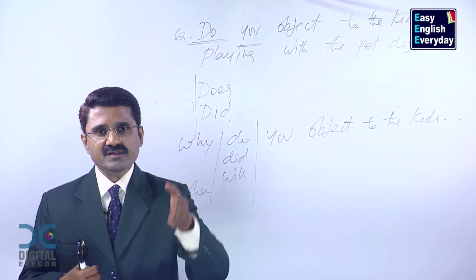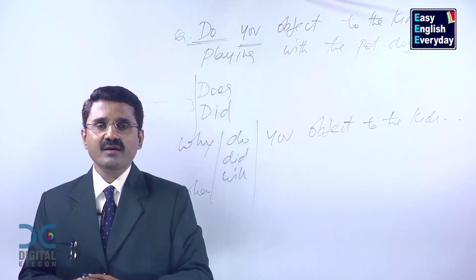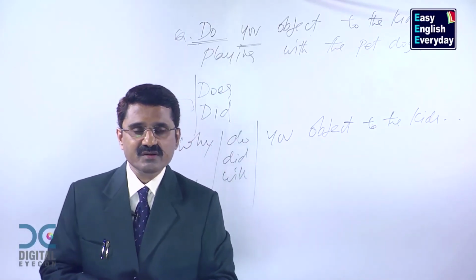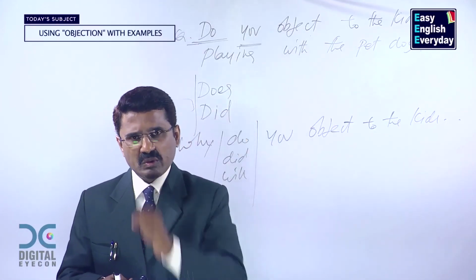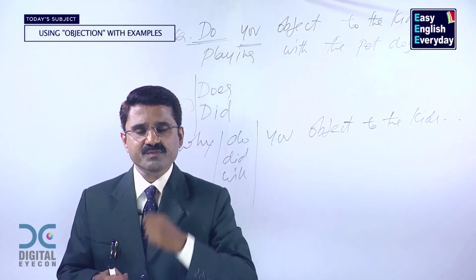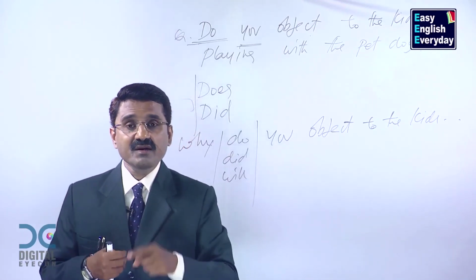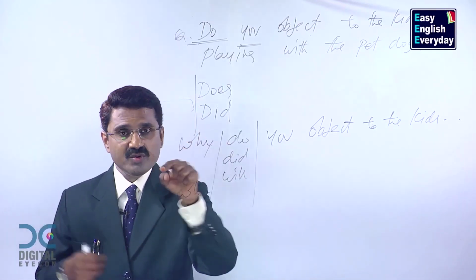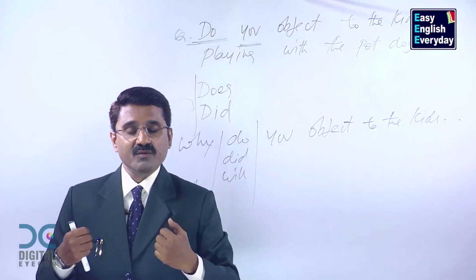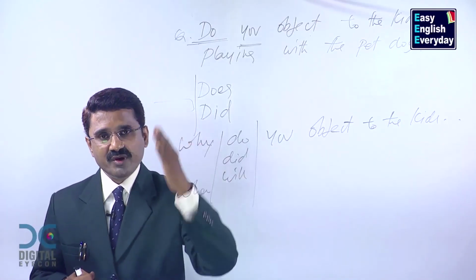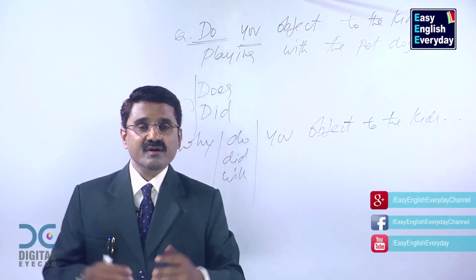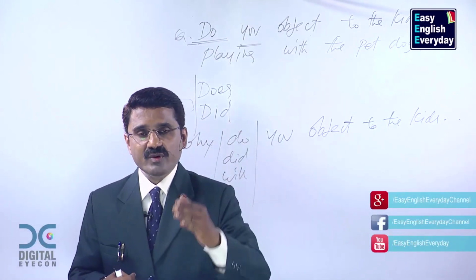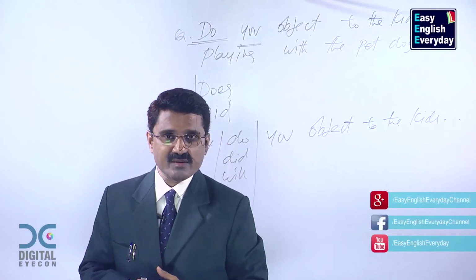We object to you doing lot of grammar based exercises. We object to you noting down points and points. We don't object to you watching our videos. We don't object to you listening to lot of English videos. We don't object to you making lot of own examples.